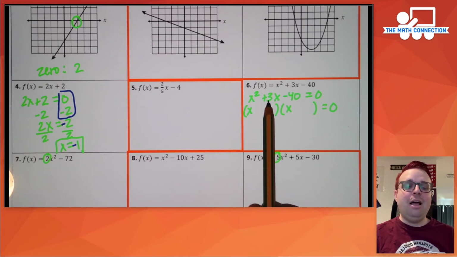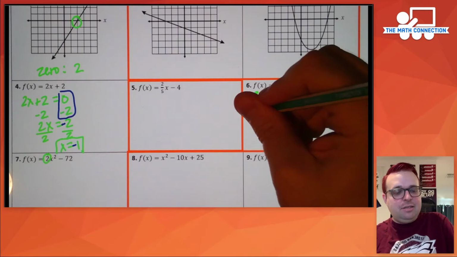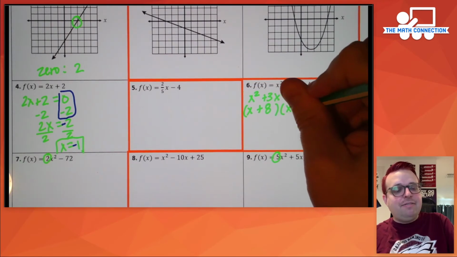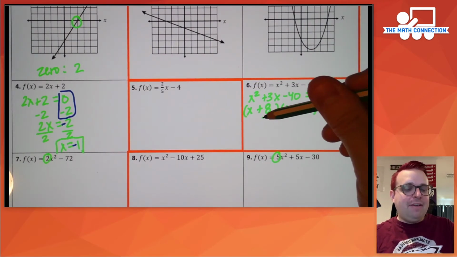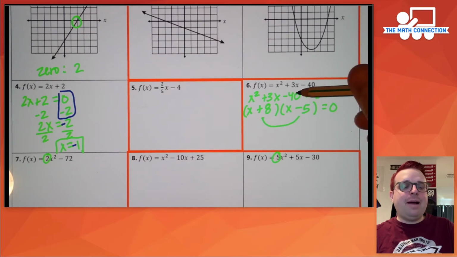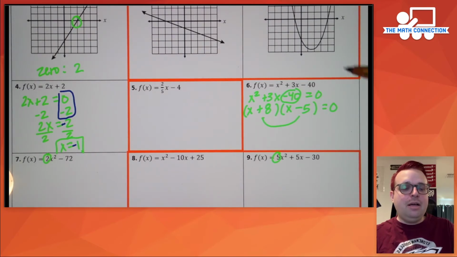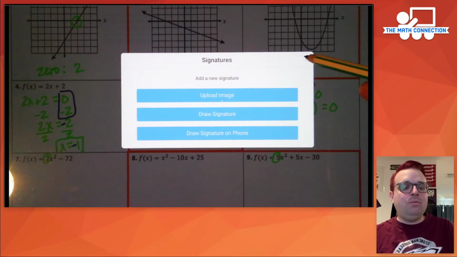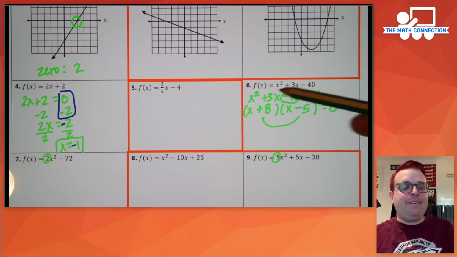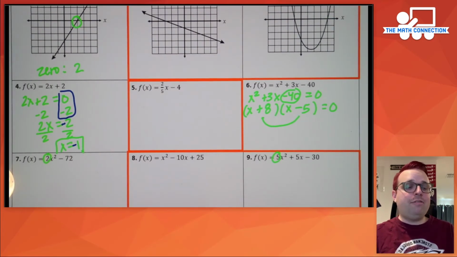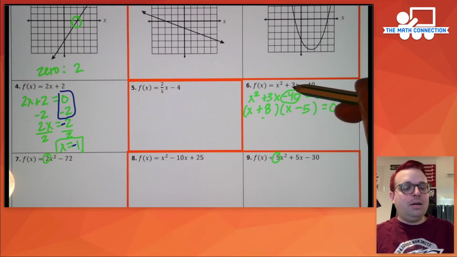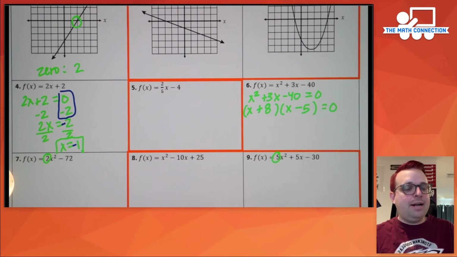So instead, I need to have +8 and -5. 8 times -5 gives me my -40, so that's correct. And then +8 minus 5 gives me +3, which is what I want for my middle term. So I'm just going to get rid of that little line I just drew.